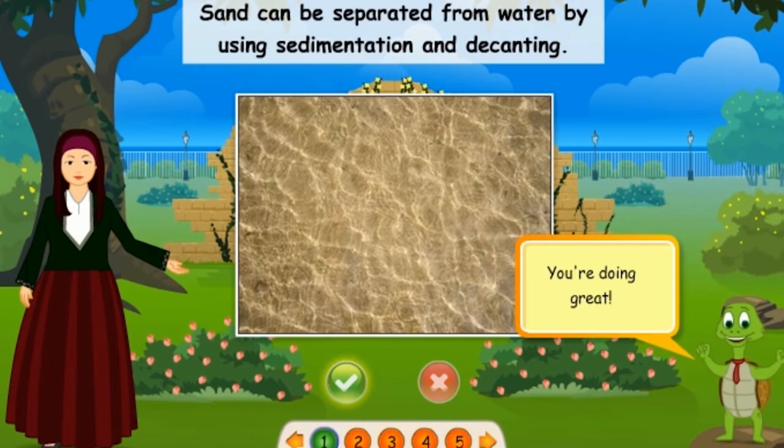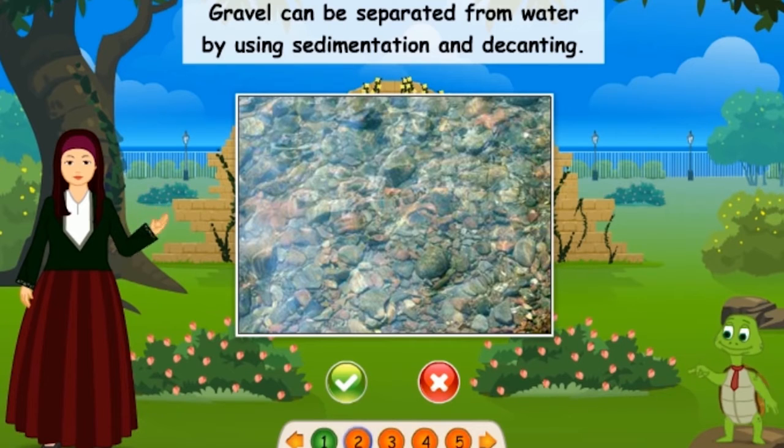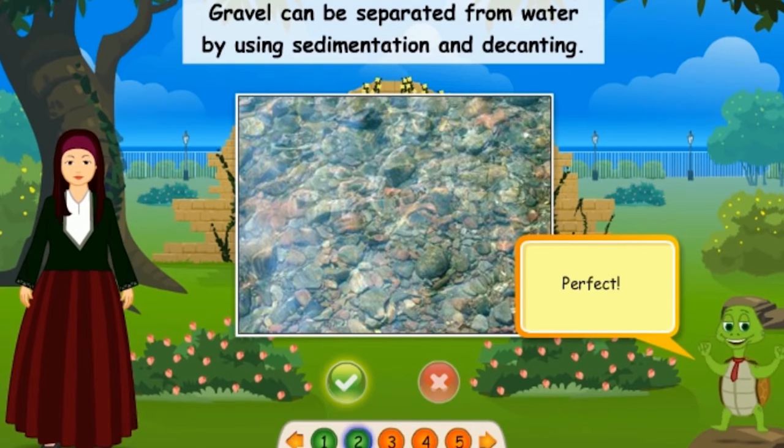True. You're doing great. Gravel can be separated from water by using sedimentation and decanting. True. Perfect.